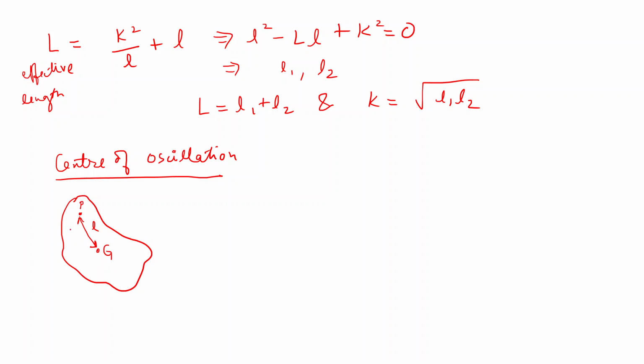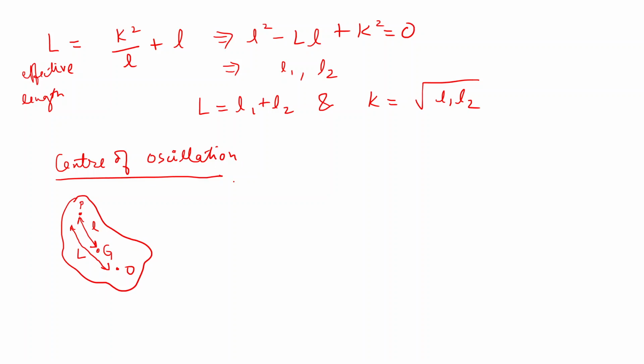And that effective length from the point of suspension, let's call it O, is the distance between the point of suspension and this point in the body where, if we think all the mass is concentrated here and we oscillate by putting force on this particular point of the body, we can assume it as a simple oscillation.